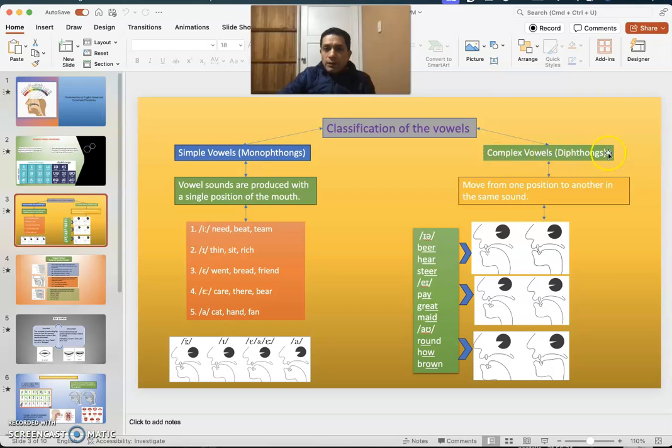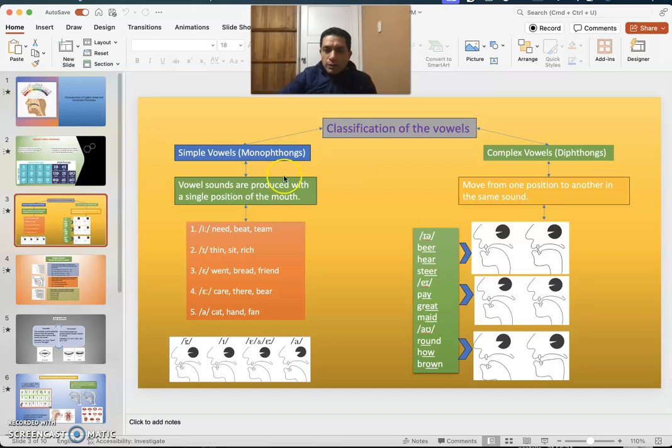The complex vowels are diphthongs. In the diphthongs, the first position is stronger than the second position. That's why diphthongs move from one position to another within the same sound.